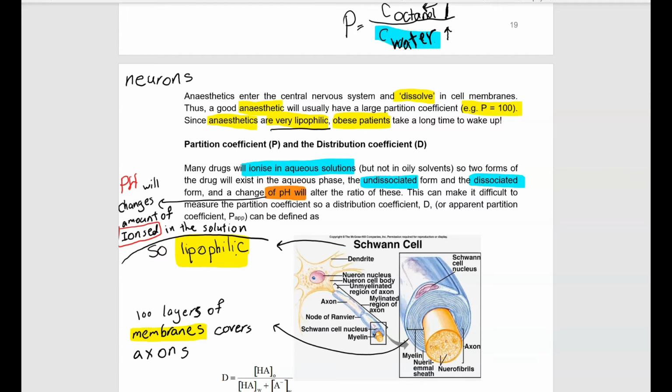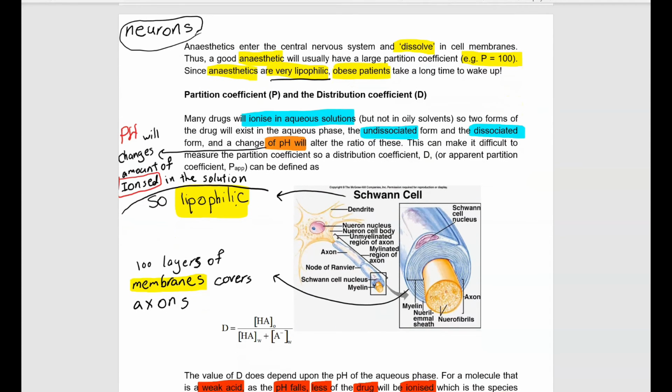Anesthetic medications affect your brain, so your neurons, spinal cord, or brain. Most of the cells inside our brain are neurons, and neurons have thousands of layers of membrane. Schwann cells wrap around the neurons or axons a thousand times. So a hundred layers of membranes cover axons.